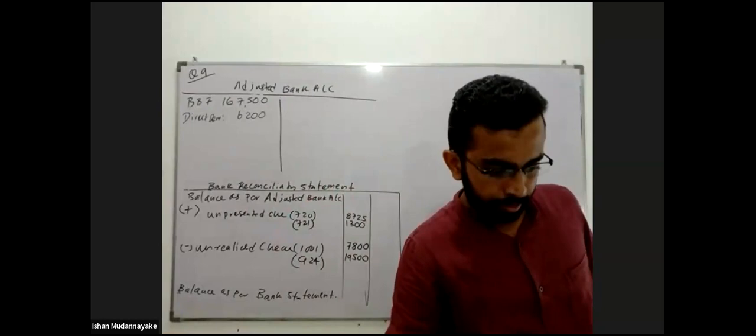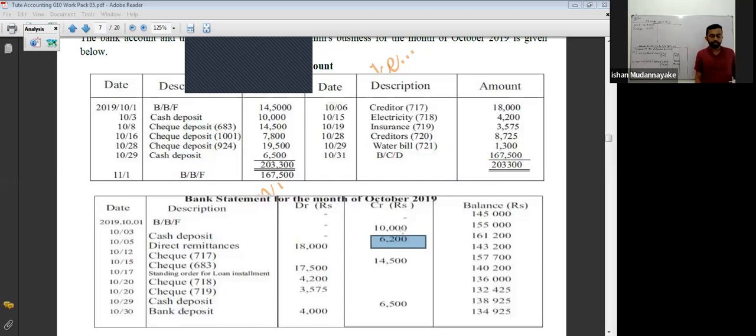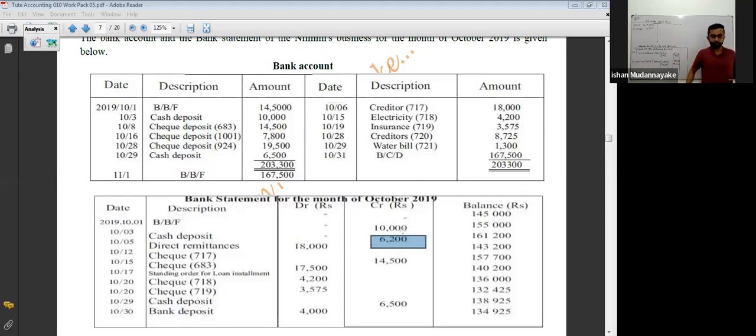Right, and then in the bank statement, credit side, the unmarked one is direct remittance 6,200, and that 6,200 we have recorded in the adjusted bank account. And then look at the debit side. The standing order payment, bank loan 70,500.